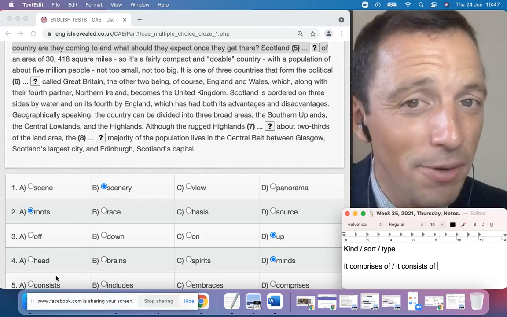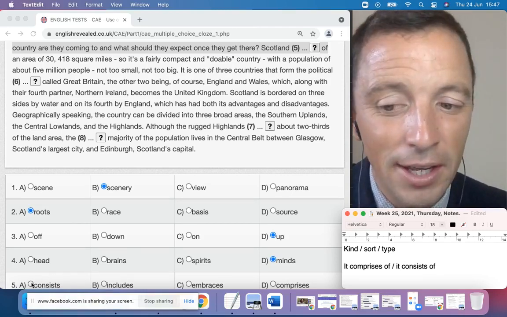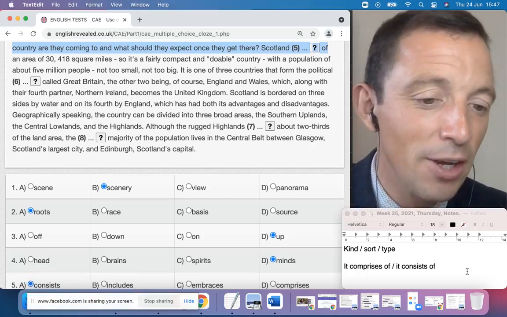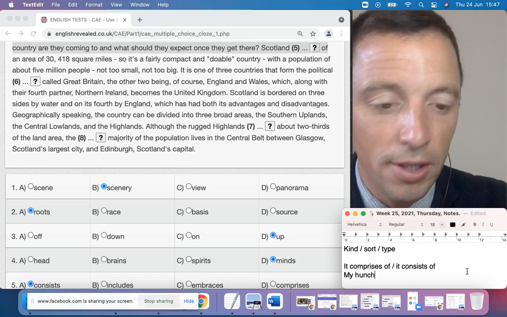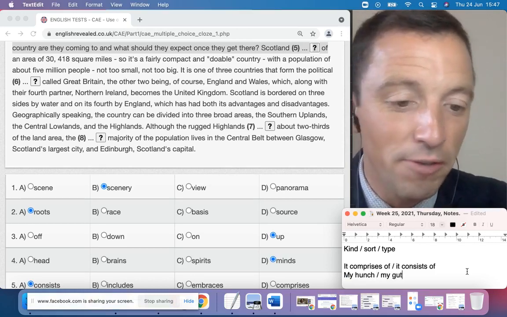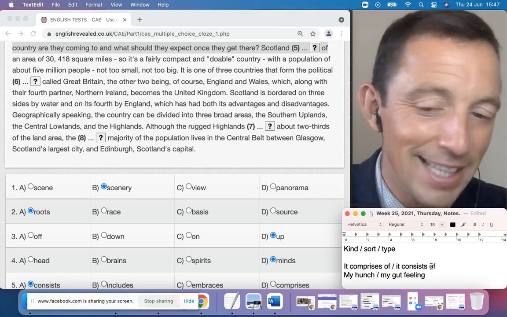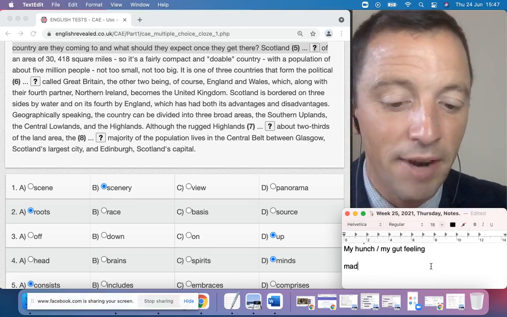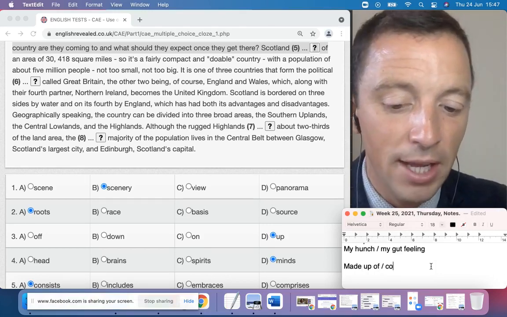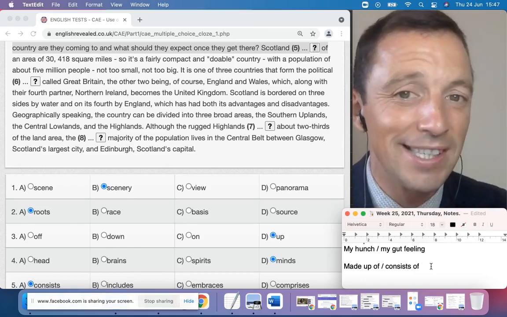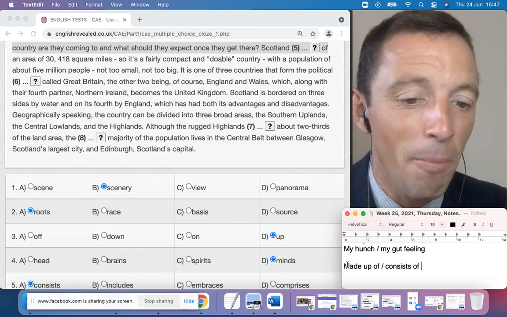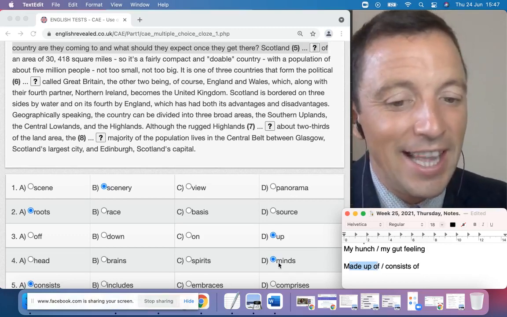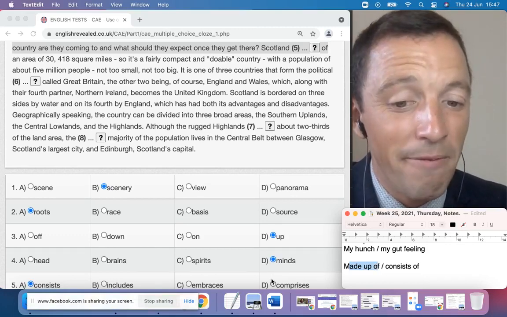I could be wrong, I definitely could be wrong because they're very, very similar, but my instinct, I have a feeling, we also say my hunch or my instinct or my gut feeling is that it is consists of. Okay, because you have a phrasal verb as well, made up of, and the significance is consists of, is a phrasal verb, made up of. And I think here it's definitely tricky because the two of them are very, very possible.